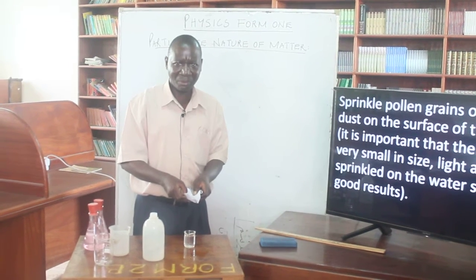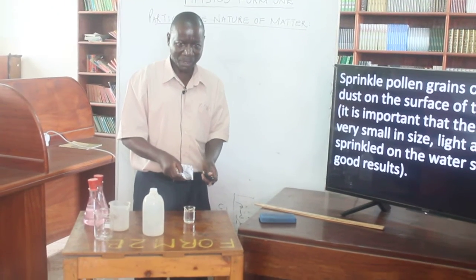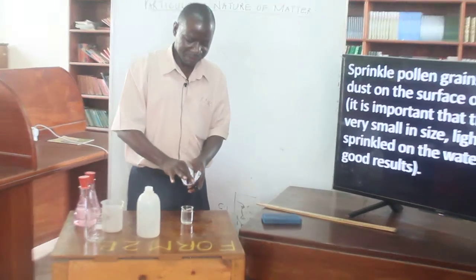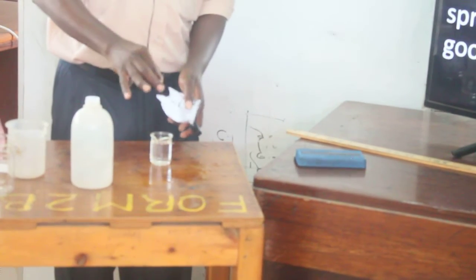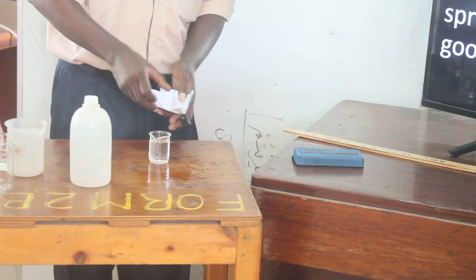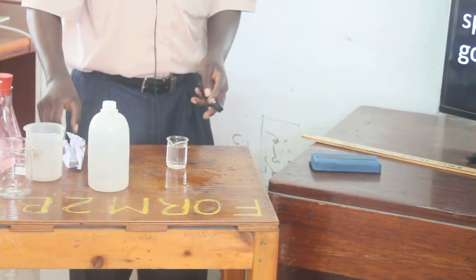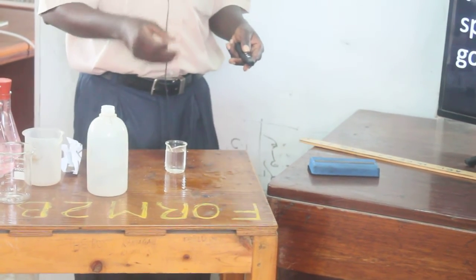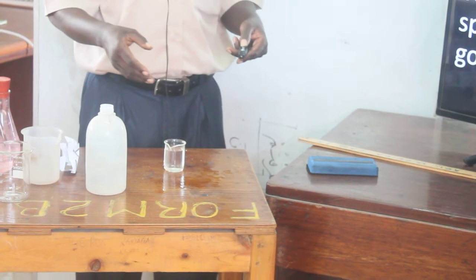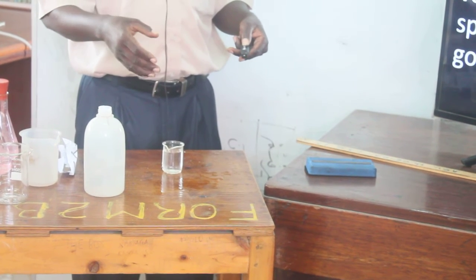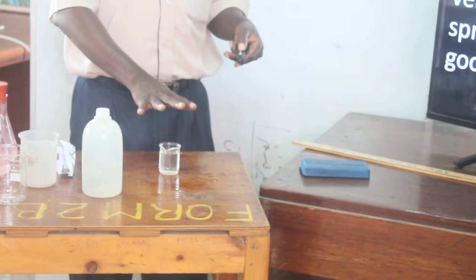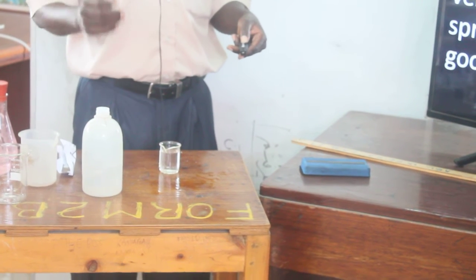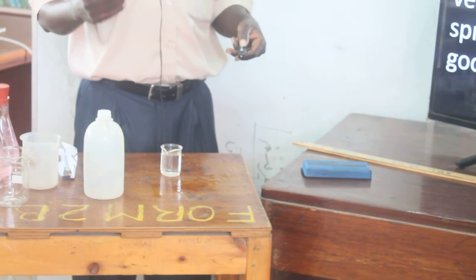We sprinkle that to look at these visible particles. We sprinkle some pollen grains there, and then we view these pollen grains. Of course, we are going to cover that, and then we view using a microscope.